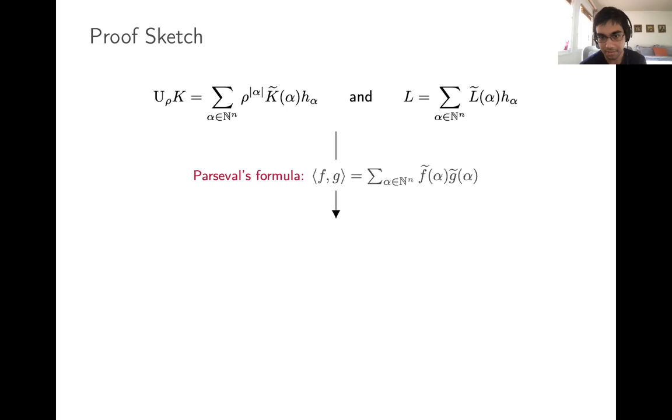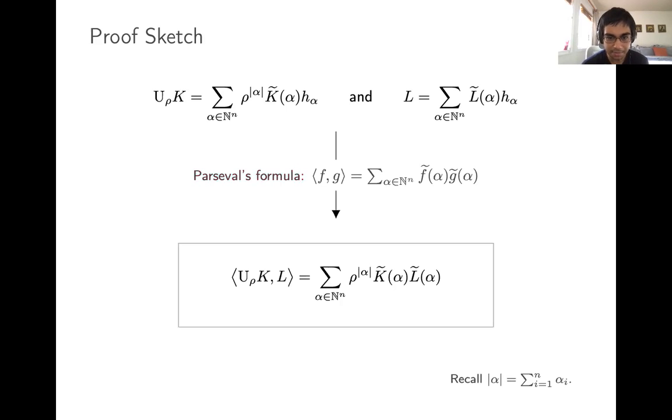And because of Parseval's formula, it follows that this inner product is the sum of the products of the corresponding Hermite coefficients of K and L, multiplied by rho raised to the degree of the Hermite coefficients.